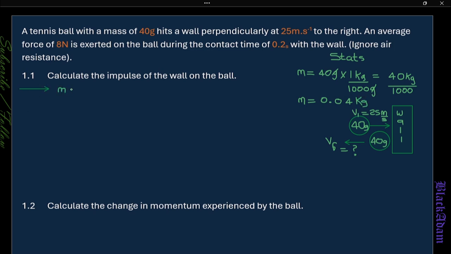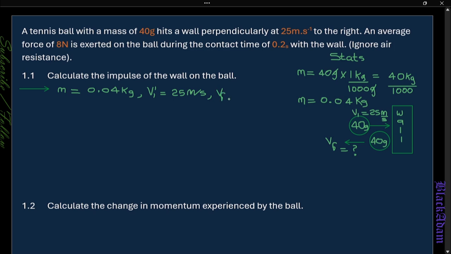So let us do 1.1, to calculate the impulse of the wall on the ball. The mass is 0.04 kilograms. The initial velocity is 25 meters per second, and the final velocity we do not know. We need to get the compass right: right we take as positive and left as negative.